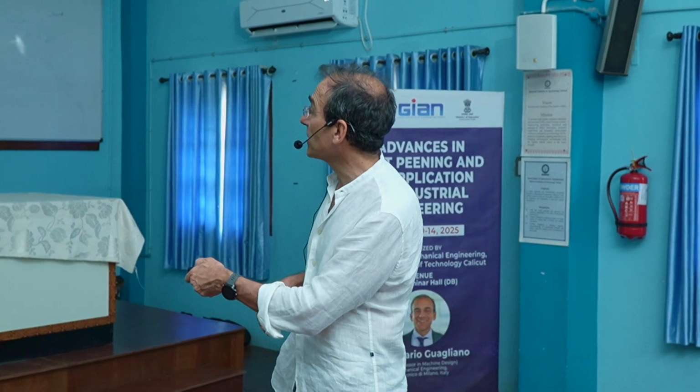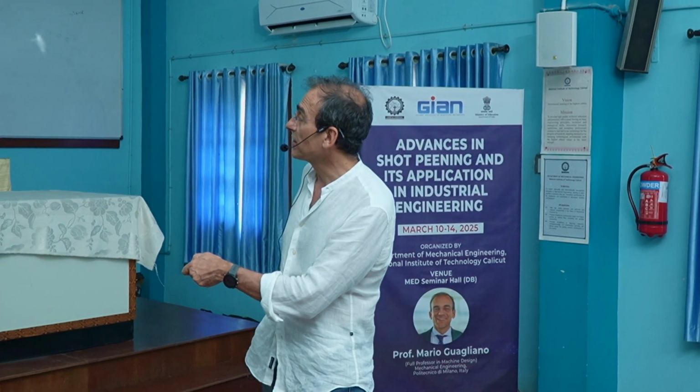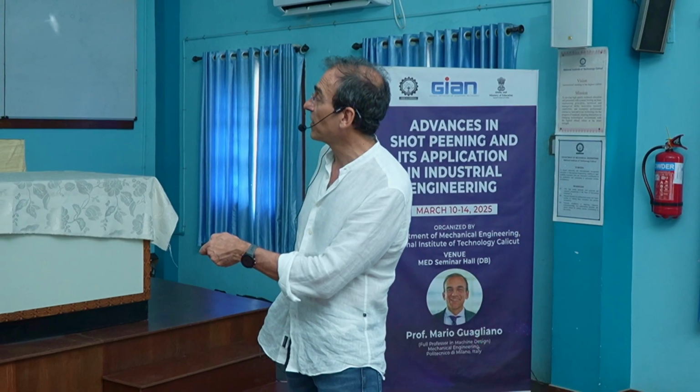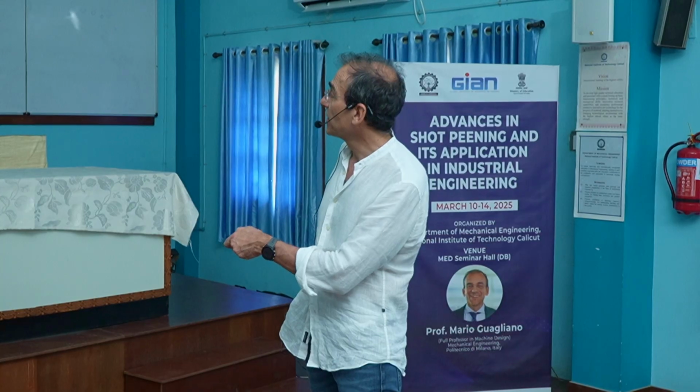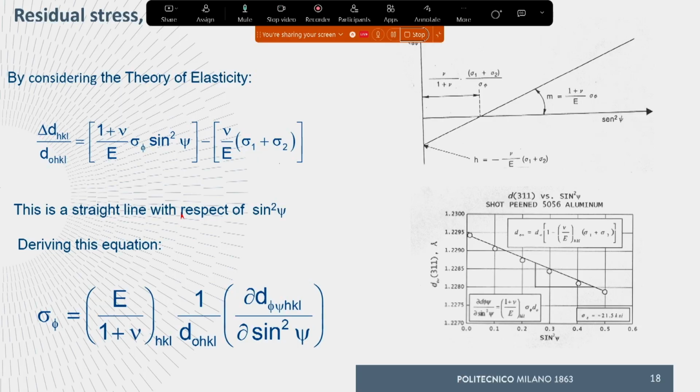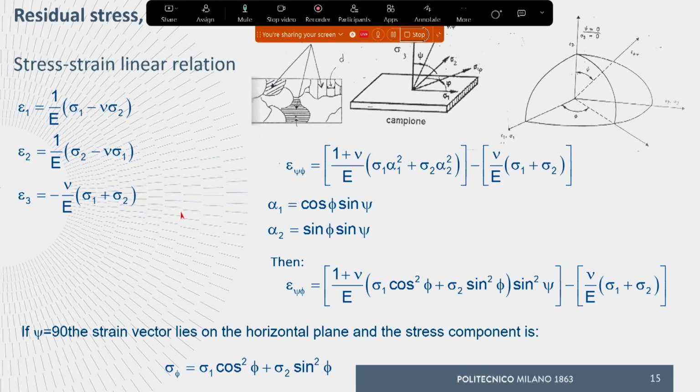Delta D over D is epsilon, and by means of the formula that is shown here, we can relate the result of the XRD measurement with epsilon. Each angle phi that we are using will give this epsilon vector, epsilon phi psi, where phi remains the same and psi is varying with the collimator.